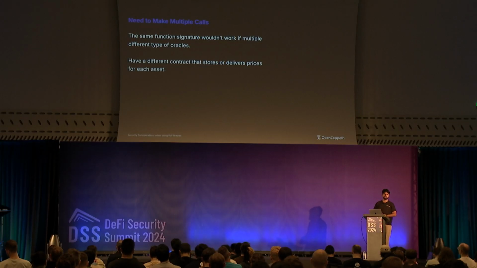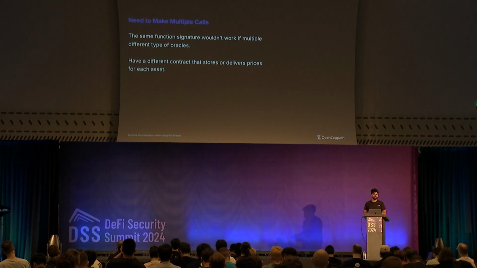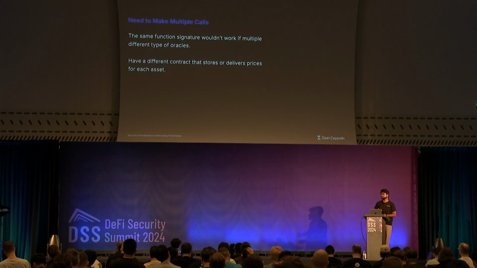Plus, if you plan on using multiple types of oracles in your protocol, let's say a push oracle and different types of pull oracles, you'll notice you cannot use the same function signature for all of them, because different types of pull oracles would require different encoding methods. A push oracle does not require you to send prices along with it.